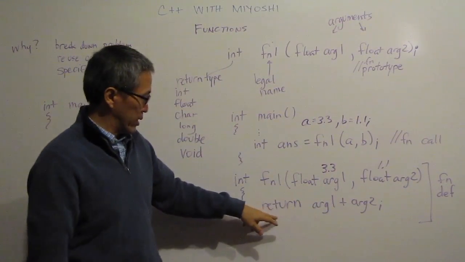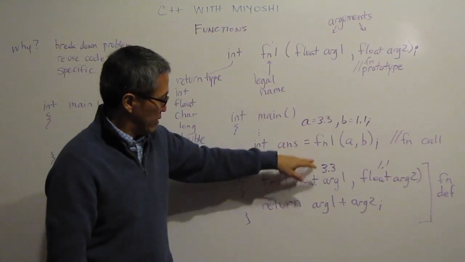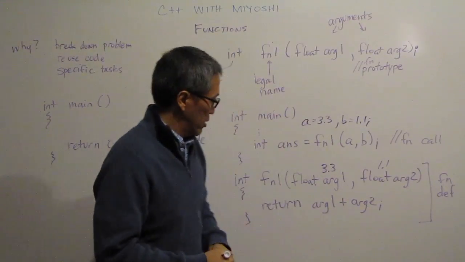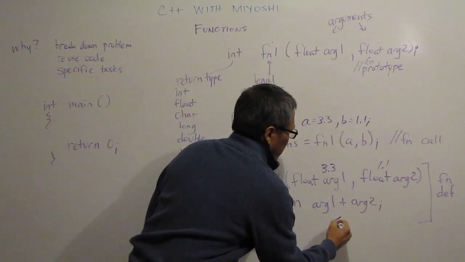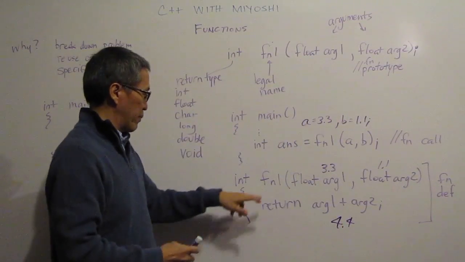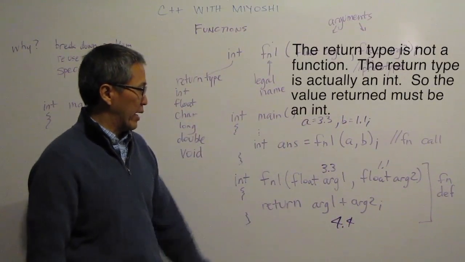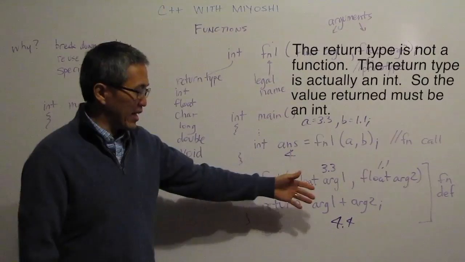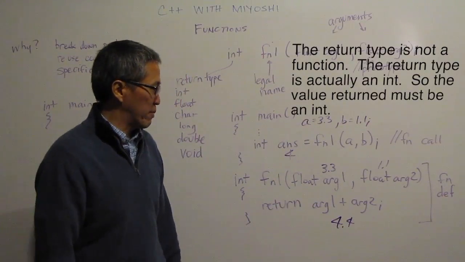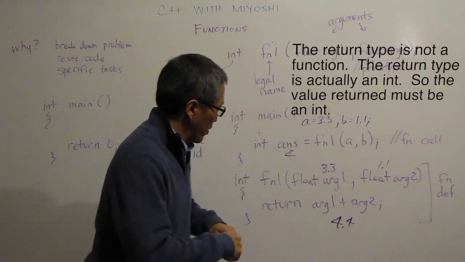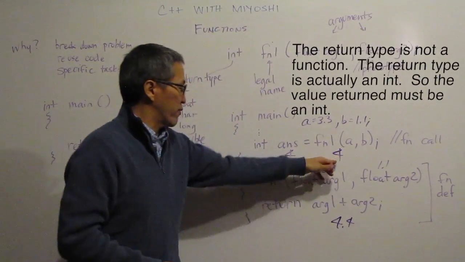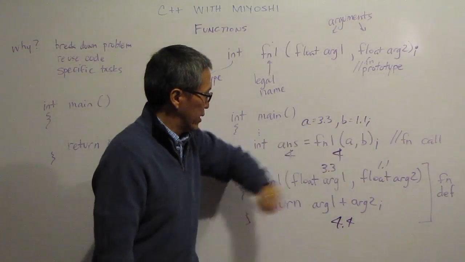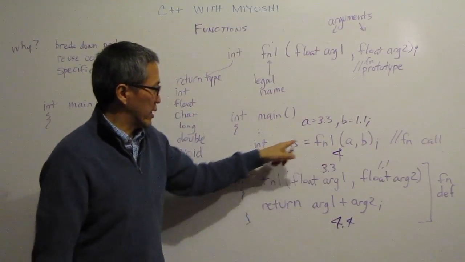Well, you might think that this is going to return back in here and get 4.4 into my ans, but since arg1 and arg2 are both floats, they would add up to 4.4, but since my return type is int, it's going to truncate that, and ans is only going to have a 4 in it. So, not a very well written function here necessarily, but it does show that the 4 would be returned here, and that 4 then would get assigned into ans. It's kind of like I said, that 4 would be here, it would replace that, and then that would get assigned into ans.